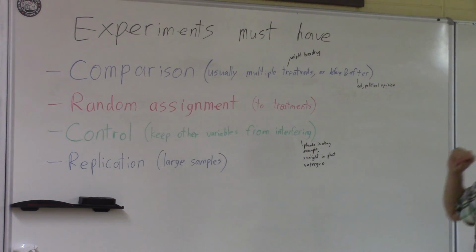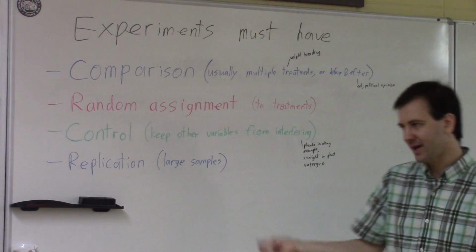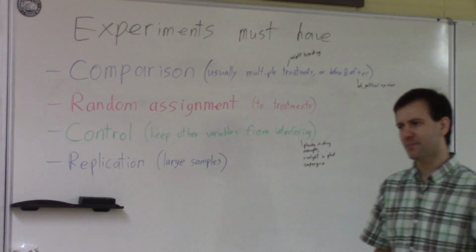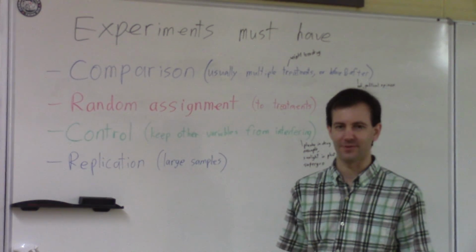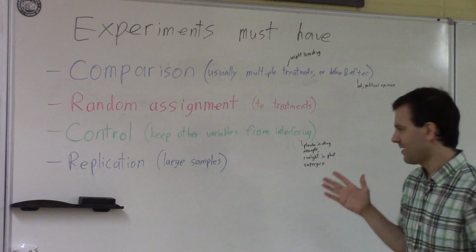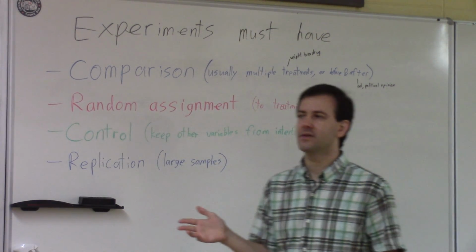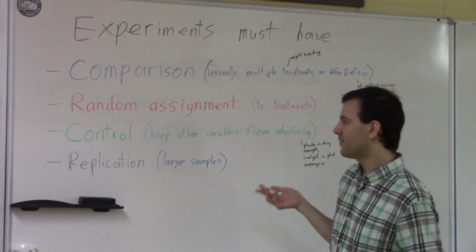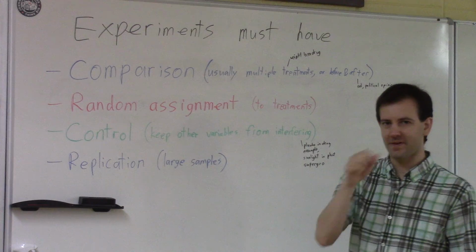And then there's replication. Let's say I grab two people and I give one the weight loss drug and one I don't, and then I notice that the person who got the weight loss drug has actually gained like 20 pounds or lost 20 pounds, I don't care. And the other one has stayed the same. Well, of course, there's a chance that would happen. If you're only going to grab one person for each, there's a lot of individual variation.